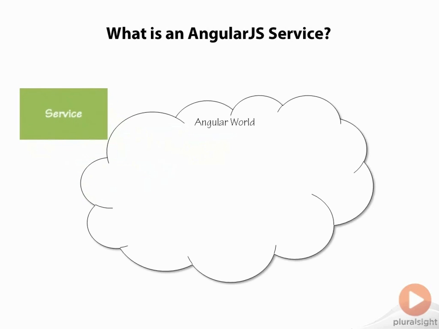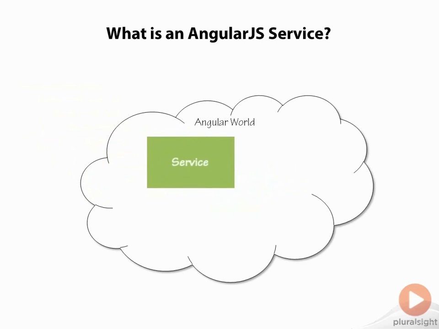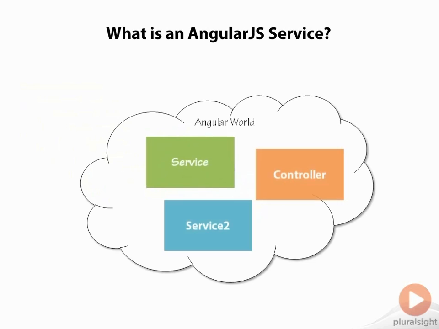Registering a service with Angular is simple, and once registered, it now becomes part of the Angular world and can be used like any other Angular service. It can now be easily injected into your controllers and directives and filters and even into other services. This really is all it takes to create a custom service in AngularJS.